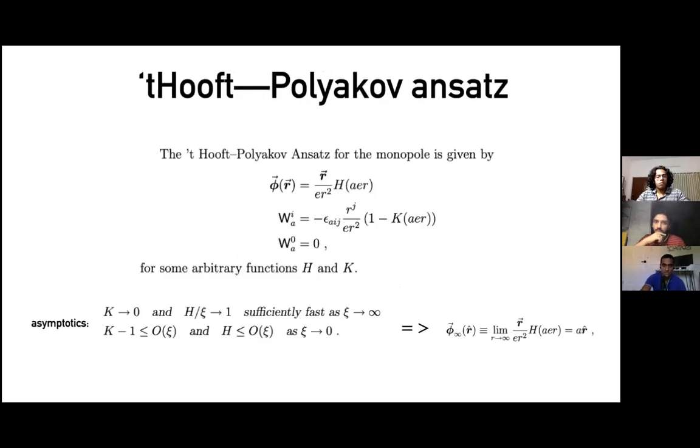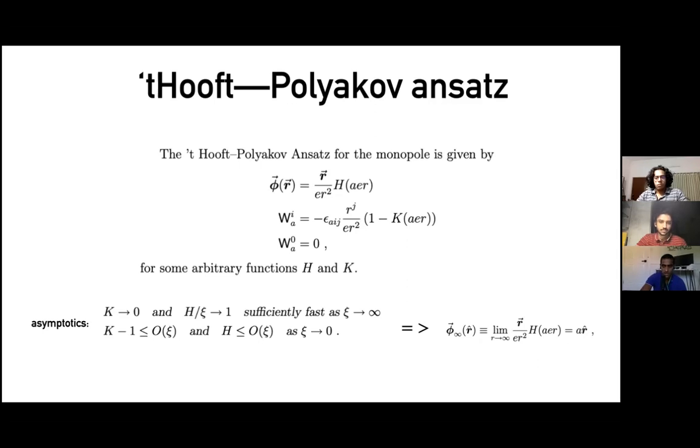Right? And this is what the 't Hooft-Polyakov ansatz aims at finding. It aims at finding solutions of the equations of motion which are static, and as such, they minimize the energy. Cool.